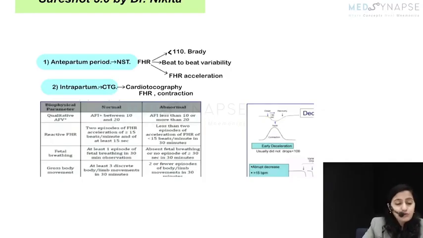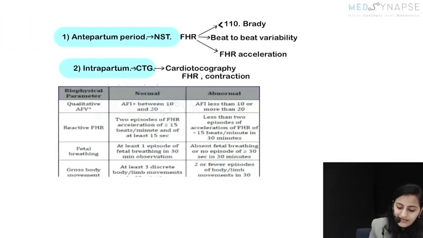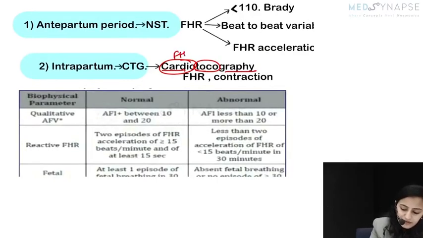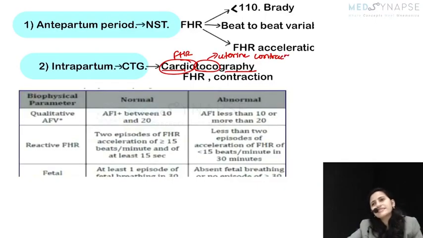And cardiotocography is done intrapartum. Please understand the terms. So when I say cardiotocography, what am I doing the graph of? Cardio, FHR, and toco. What is toco? Uterine contraction. Tocolytic, breaking the contraction.